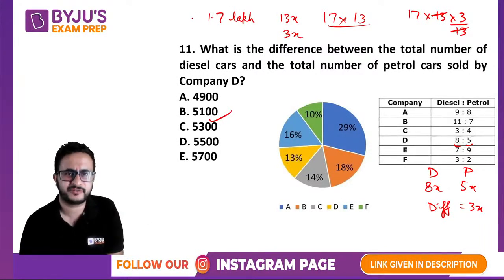They calculate first, they will calculate 1.7 lakh ka 13%, right?